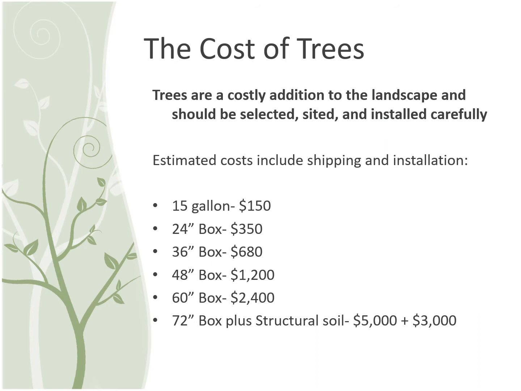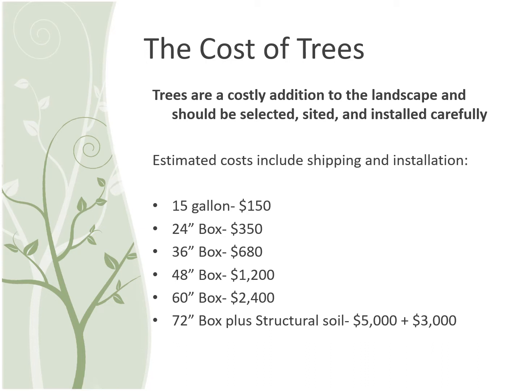Trees are costly elements to the landscape. So it's important that as designers we're thoughtful about where we put our trees and that we plan for the mature size of the tree and make sure it's being adequately irrigated to protect the investment. So a 15-gallon tree might cost $150.